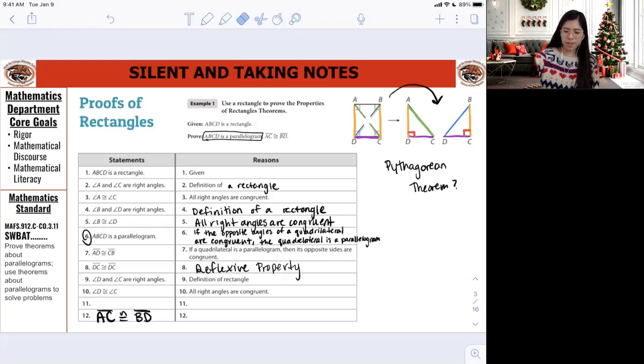Let me erase these, because I'll highlight them once we know they're congruent, but we don't know they're congruent yet. But what do I know given everything I've got to this point?